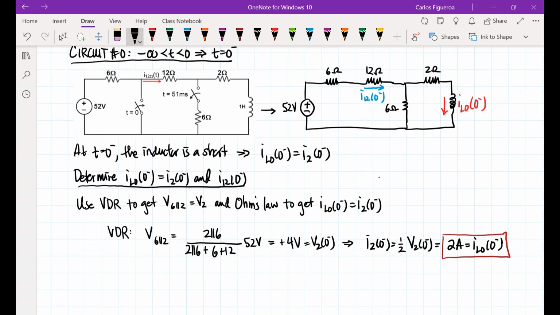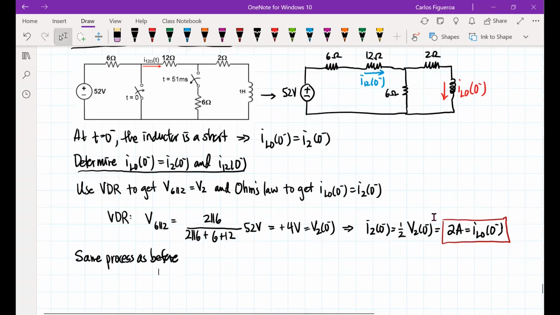So then I want to get the current of the 12 ohm resistor. I'm going to use the exact same process as before.